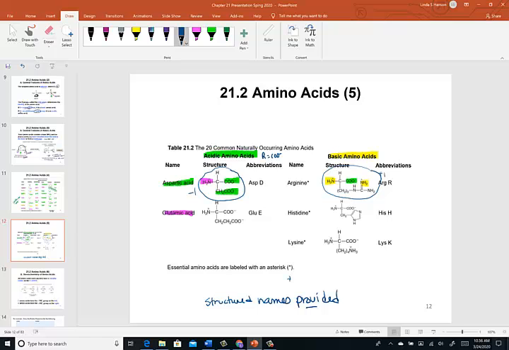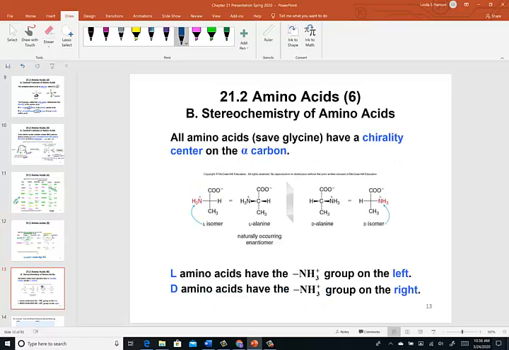Now, when we go and look at amino acids, we had mentioned that all amino acids except one has a chirality center, and that's on the alpha carbon. So for example, these are examples of Fisher projections of the amino acids. Now remember, when we wrote Fisher projections, we want all the carbon to be in the vertical line.